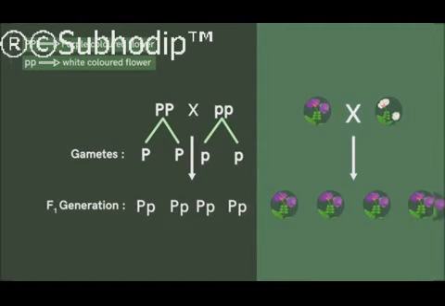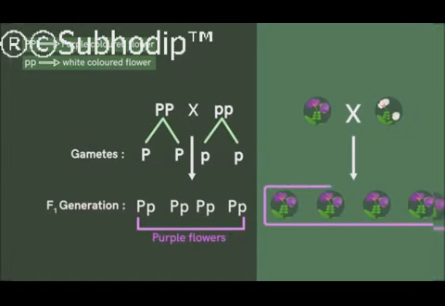Now, as you can see here, Pp indicates that the offspring has one dominant and one recessive allele. In such a case, the plants will have only purple flowers as the presence of one dominant gene is enough to express the trait. That is why all the plants have purple-colored flowers in the F1 generation.